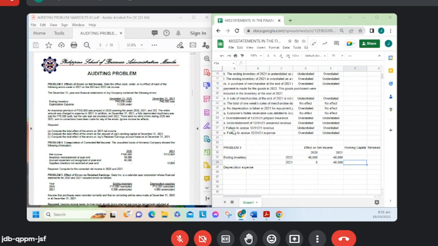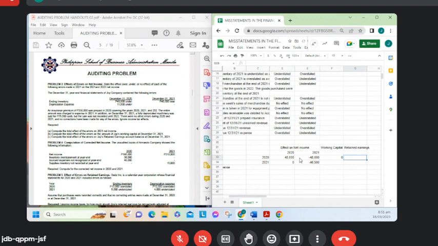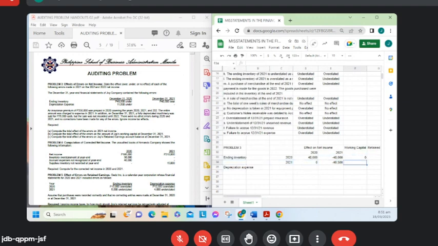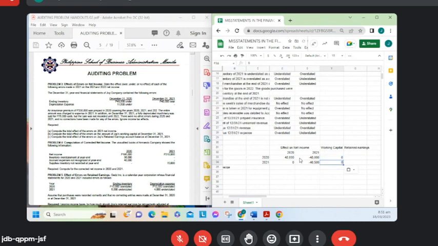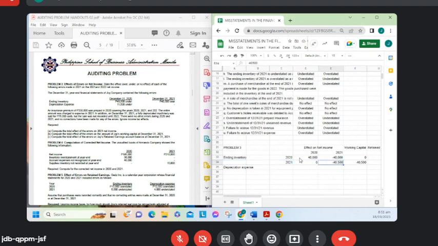Okay? So, impact on the working capital. For the ending inventory 2020 error, it's zero. No? While for the ending inventory overstatement in 2021, that will result to an overstated ending inventory.